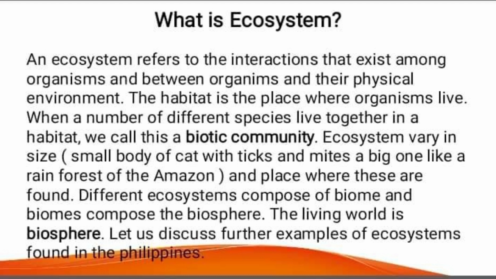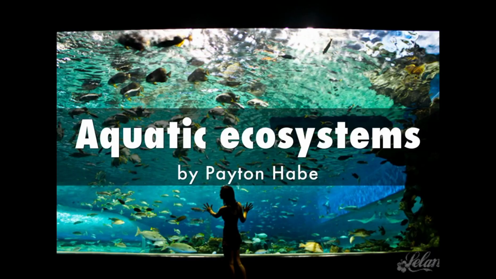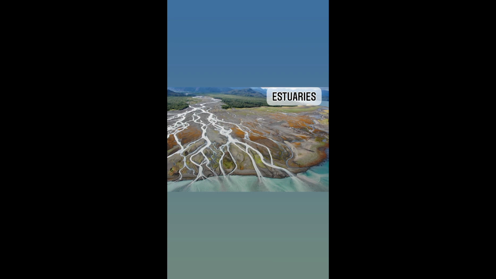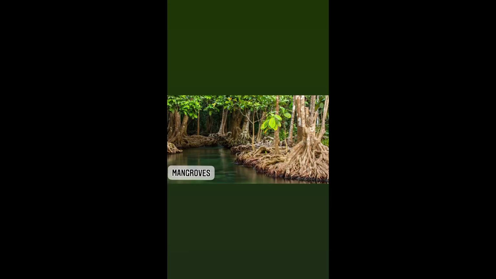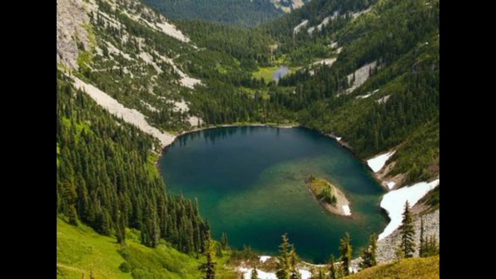Let us discuss further examples of ecosystems found in the Philippines. One of these is the aquatic ecosystem. Aquatic ecosystems are the intertidal zones, coral reef, the open sea, estuaries, mangroves, ponds, lakes, and rivers.